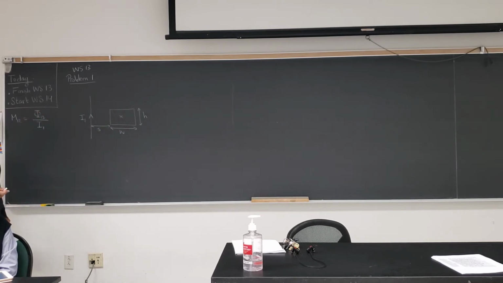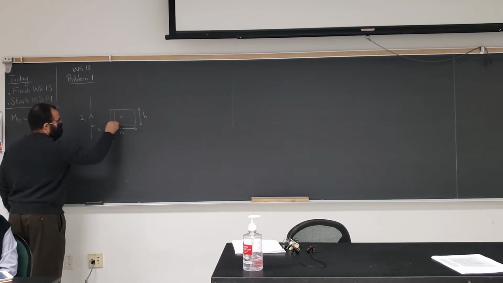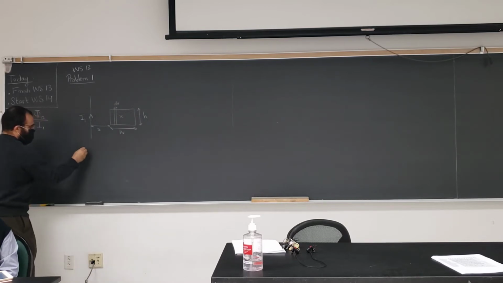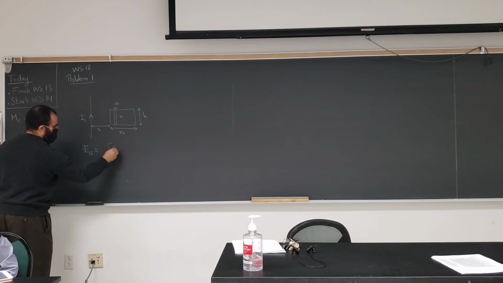So what we have to do is slice this thing into an area this way of width dx, and the height is h. So the flux in object 2 due to object 1 is equal to the integral of the magnetic field from object 1 dotted with the area.